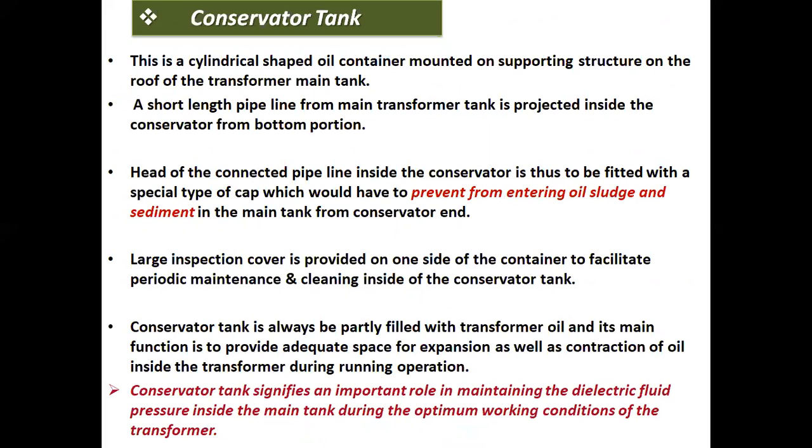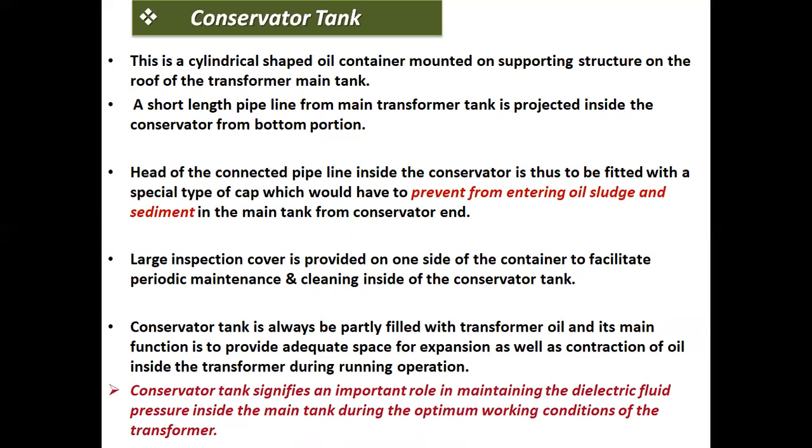Now, construction of the conservator tank. This is a cylindrical shaped oil container mounted on a supporting structure on the roof of the transformer main tank. A short length of pipeline from the main transformer tank projects inside the conservator from the bottom portion.